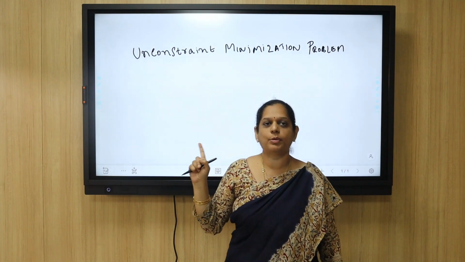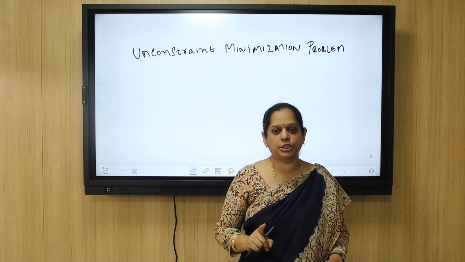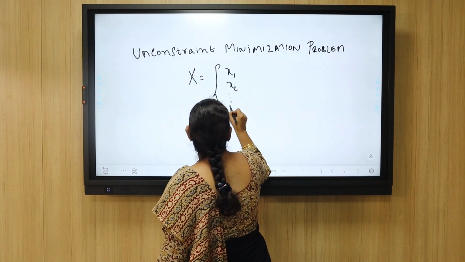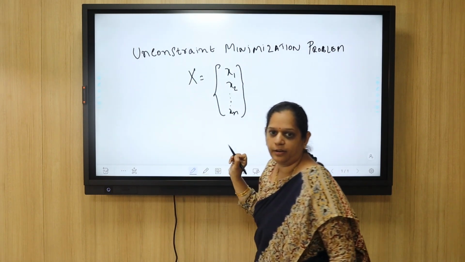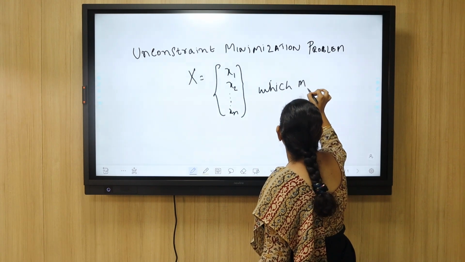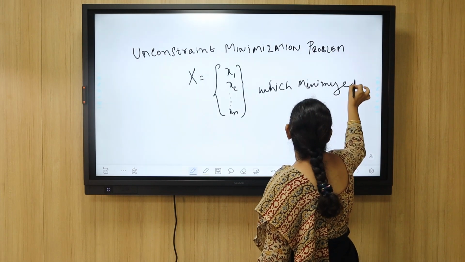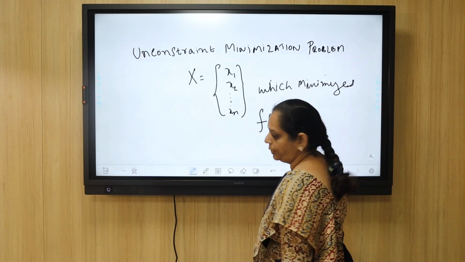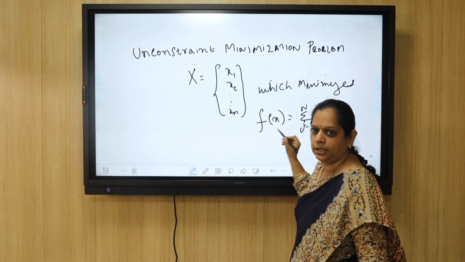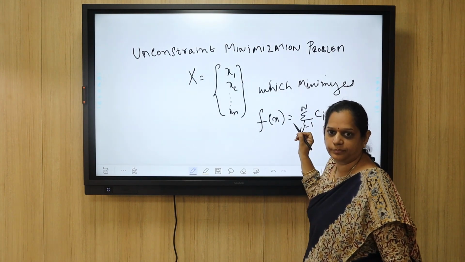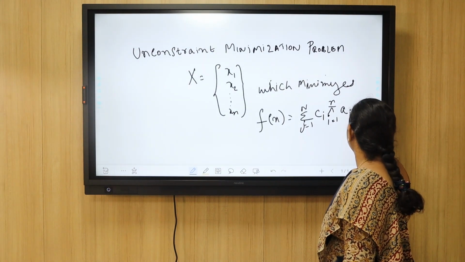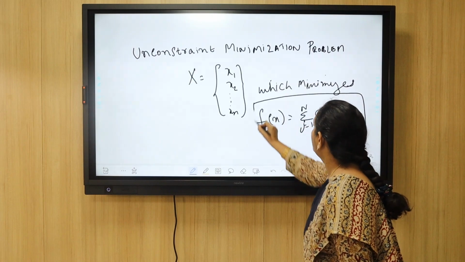This unconstrained minimization problem is a statement where x equal to x1, x2, so on to xn, which minimizes f of x equal to sigma j equal to 1 to n of cj times the product of the xi to the power aij, which is called a polynomial.